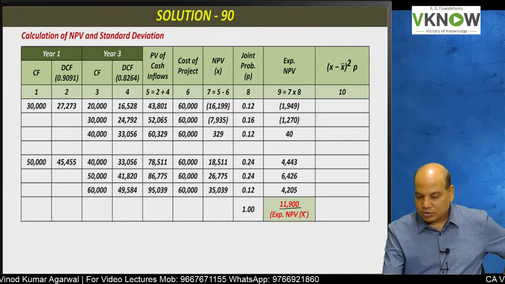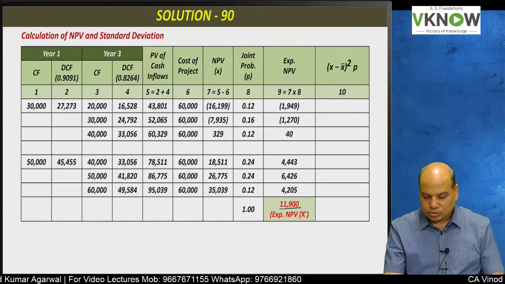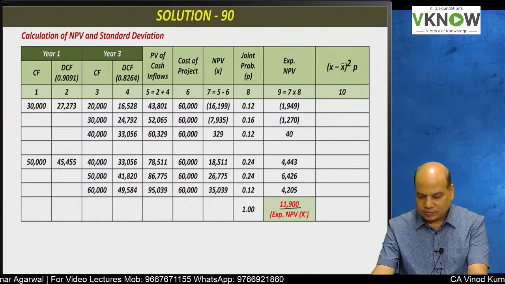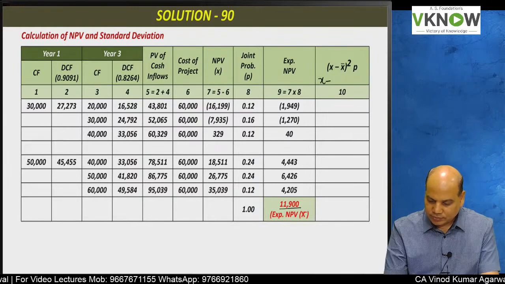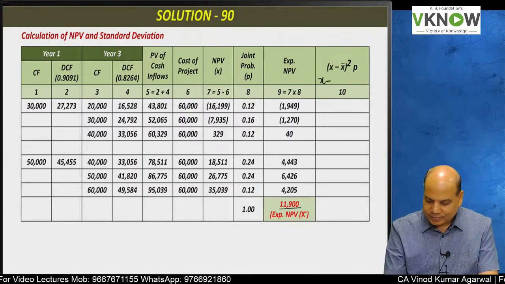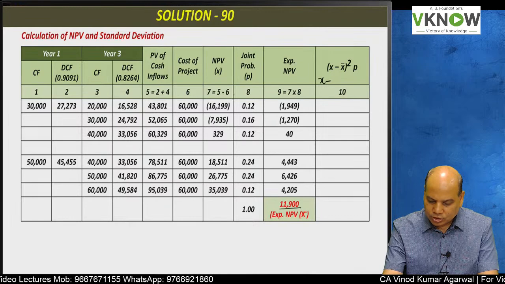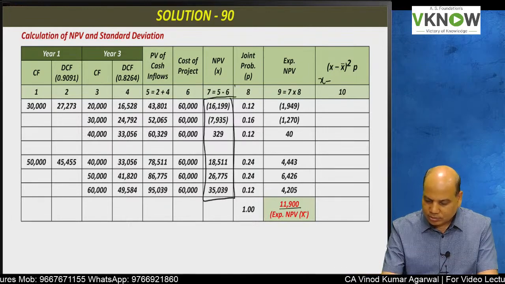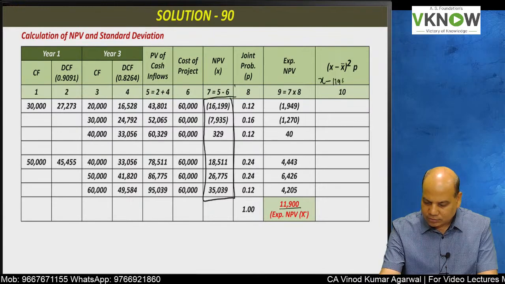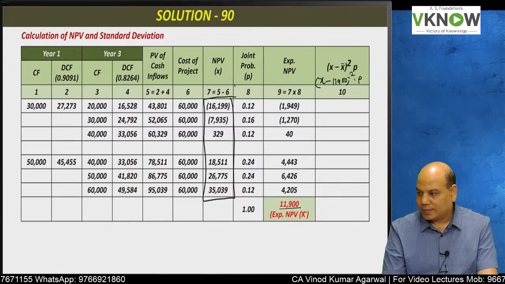Okay, now the important thing is how to compute the standard deviation. X minus, what is X here? This column. This column is X minus 11900 square into probability.